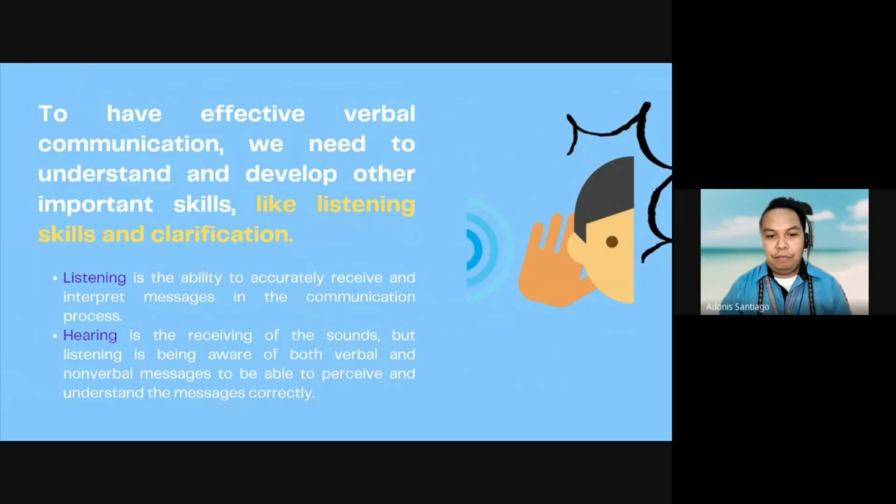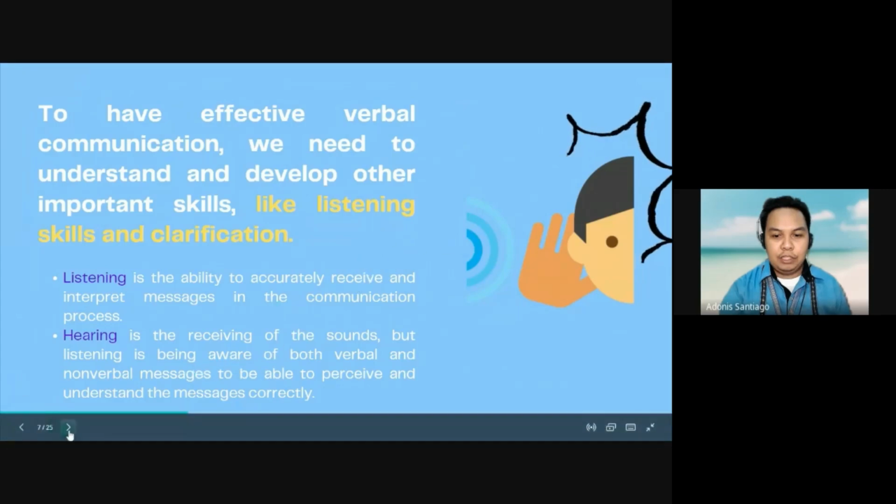Listening is the ability to accurately receive and interpret messages in the communication process. When you listen, you receive the message and interpret it. You understand the message very well. But when you just hear it, you are just receiving the information, but you are not able to understand it. So that is the difference between listening and hearing.